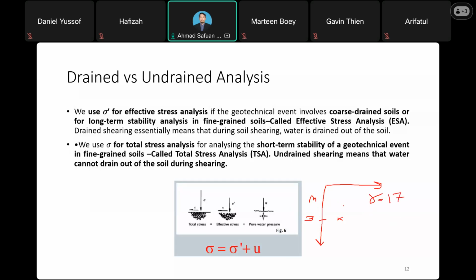Then there is a groundwater level at 1 meter below the ground. So the saturated unit weight is just plus one more. The unit is kilonewton per meter cube. So the unit weight for gamma saturated is 18 kilonewton per meter cube.